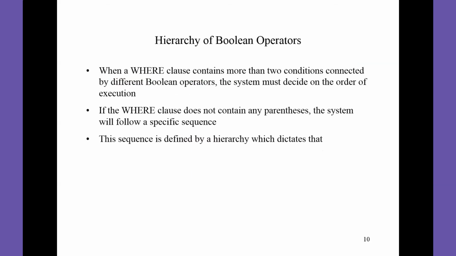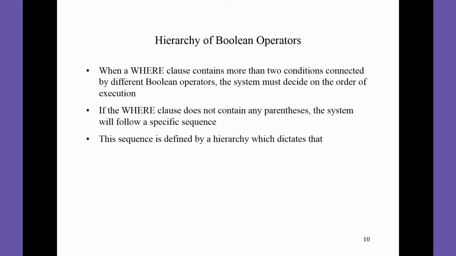We've discussed each of the Boolean operators individually. We now want to consider what happens when you have a complex expression that involves more than one Boolean operator. The system will be required to decide on some order of evaluation.